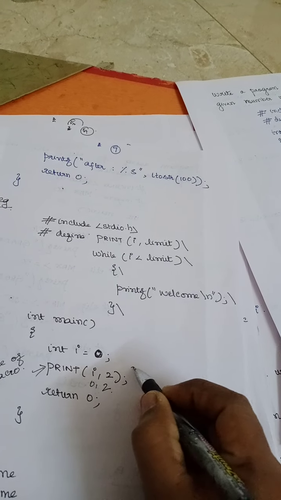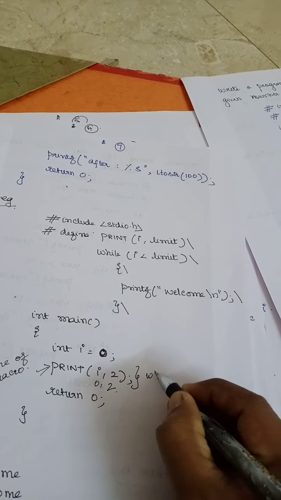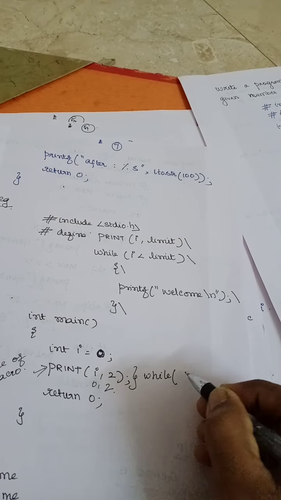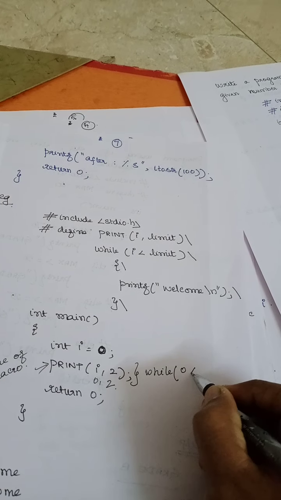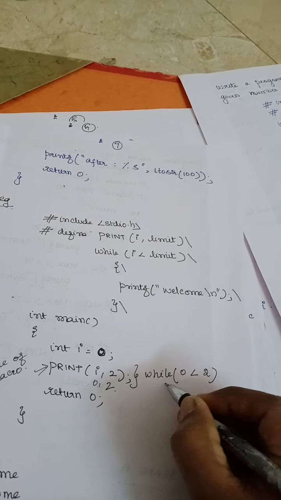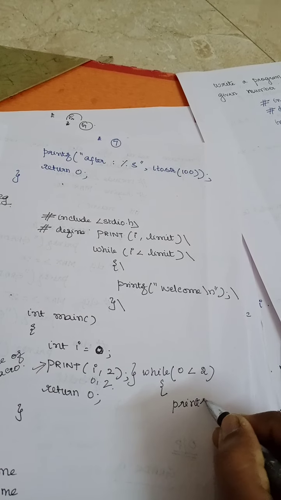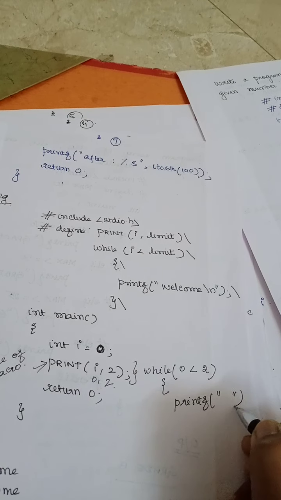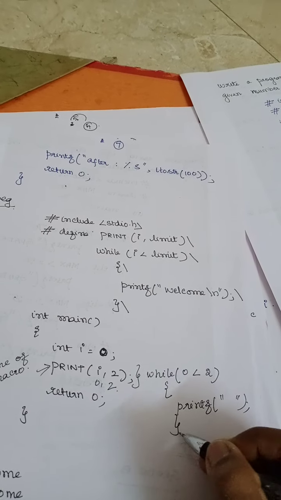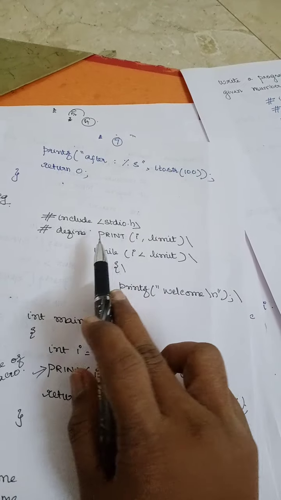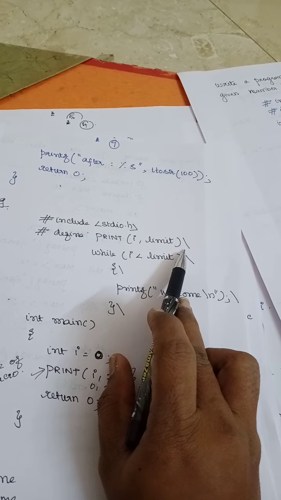So in the place of this I will have what? While I, what is my I? 0 less than limit, right? And here I have printf welcome. So in the place of this I am going to have my statements, and here the macro doesn't end in one single statement.